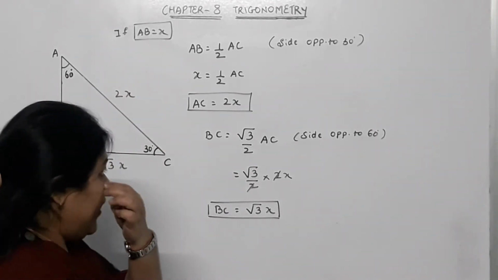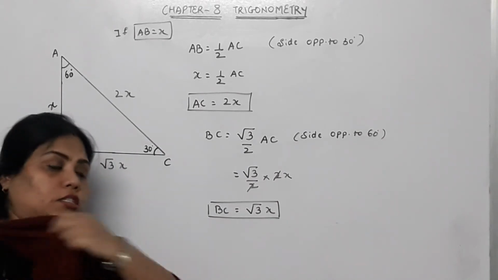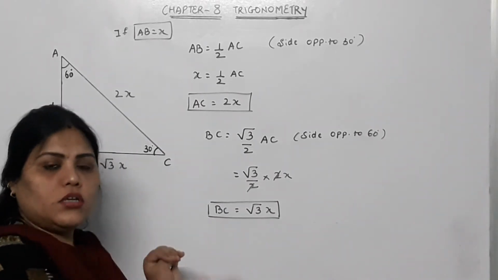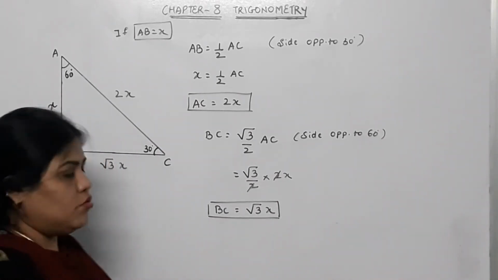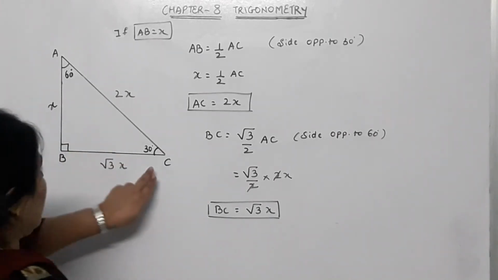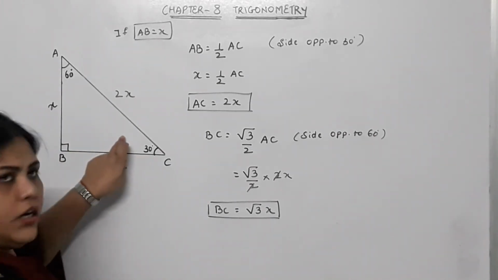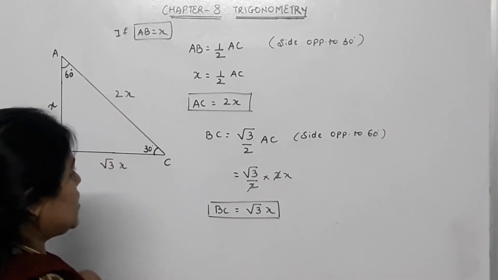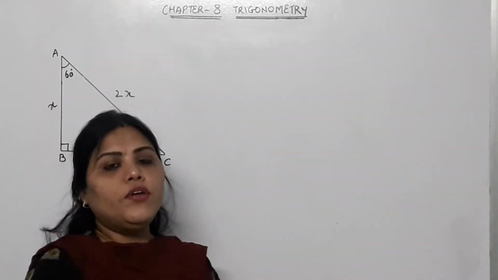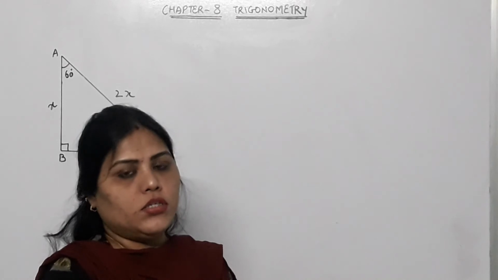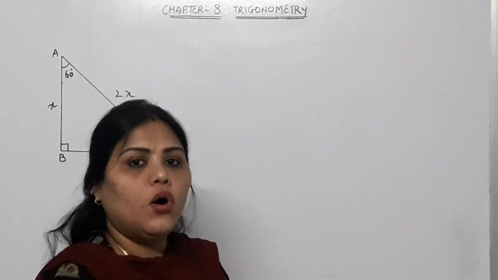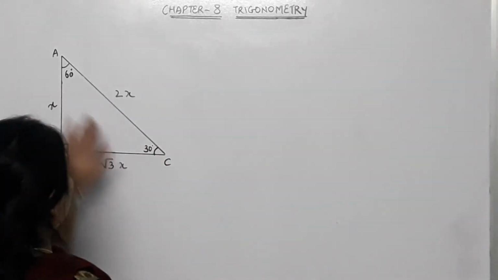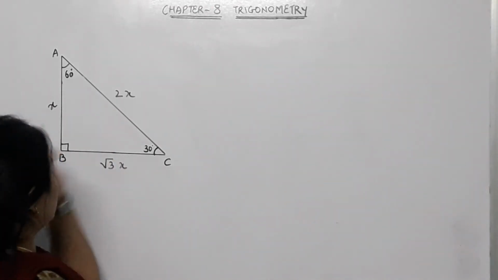Now if I apply the sine theta, cos theta and tan theta ratios over here, first we will see for 30 degree and then we will see for 60 degree. We will apply the sine, cos, tan ratios to both the measures, 30 degree and 60 degree.